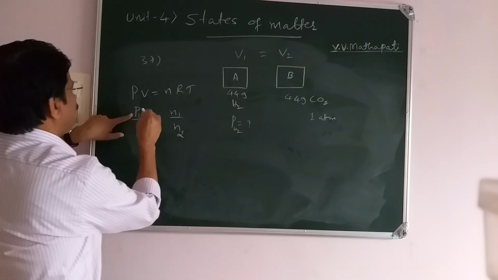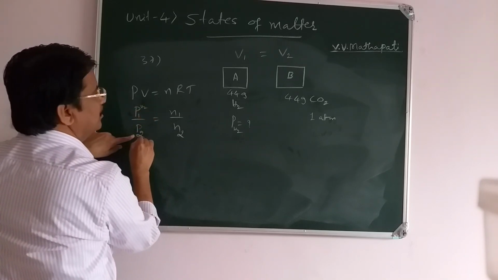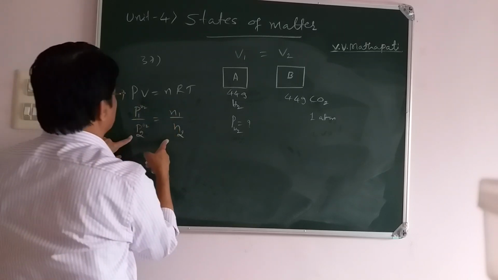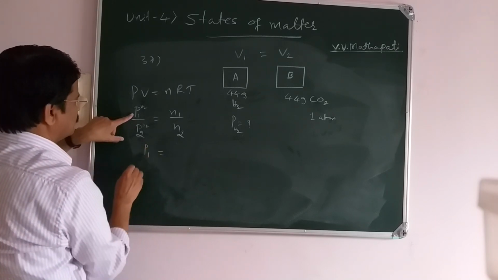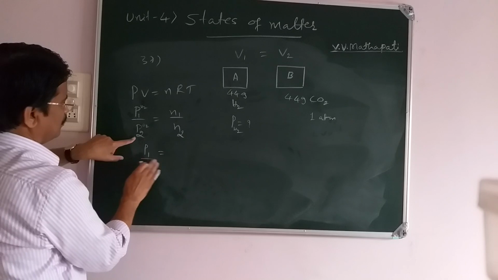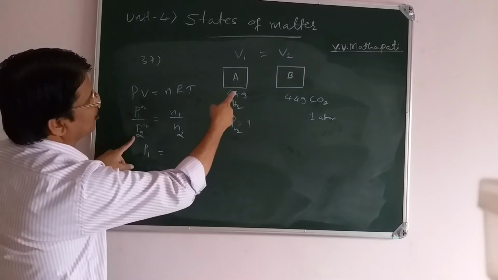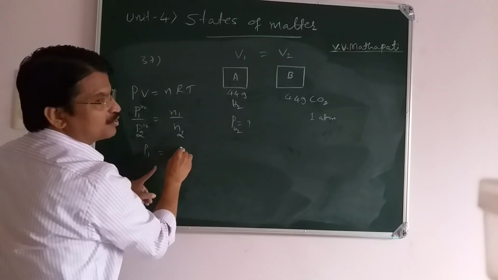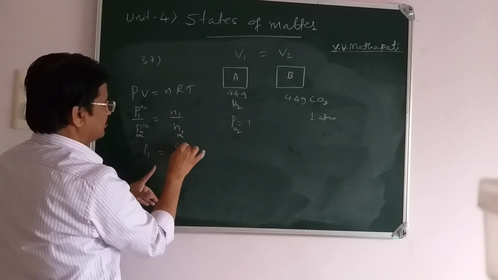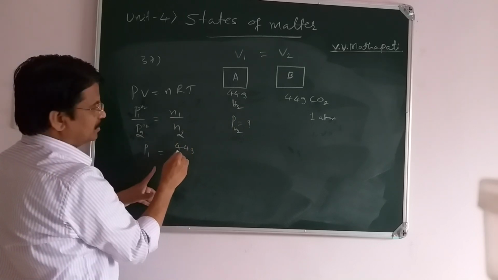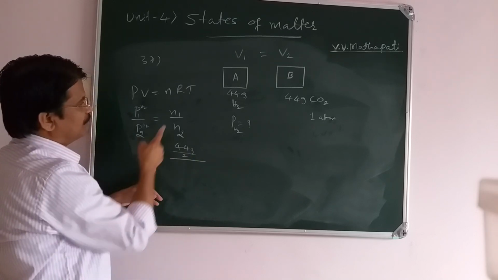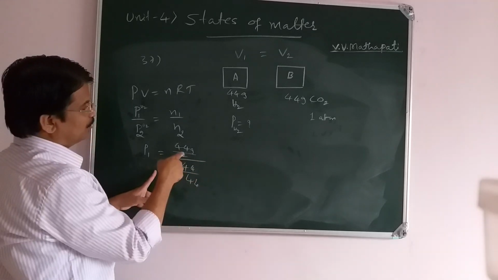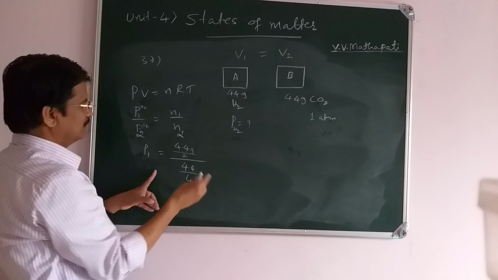P1, P2. P1 for hydrogen and P2 for O2. And P1 you have to find out. Then n1 value, number of moles. How much you write? 44 gram given mass by molecular mass, 44 by 2. n2: given mass 44, molecular mass 44, therefore 1.